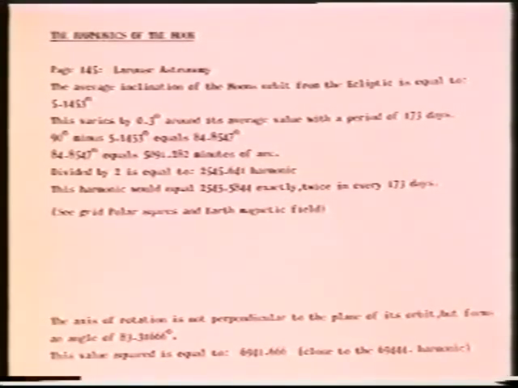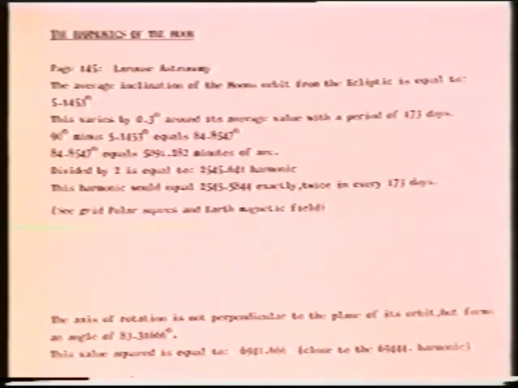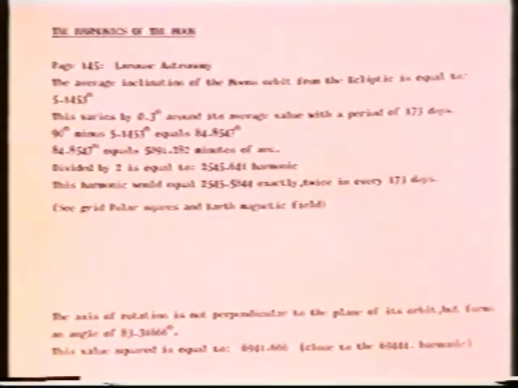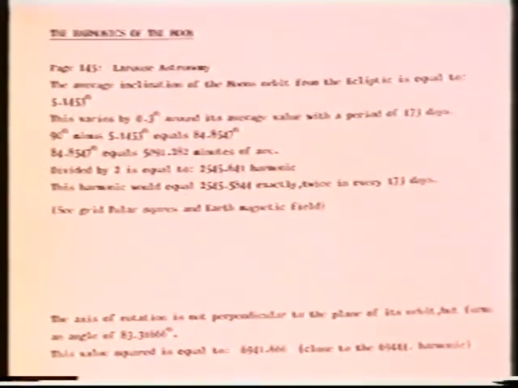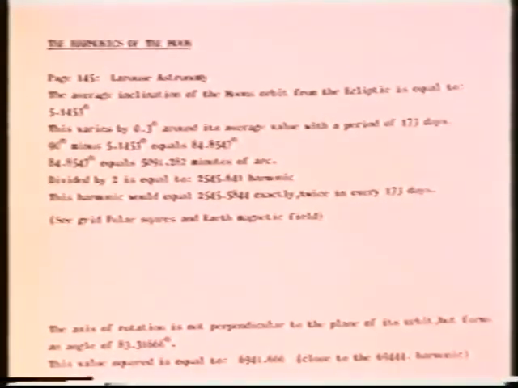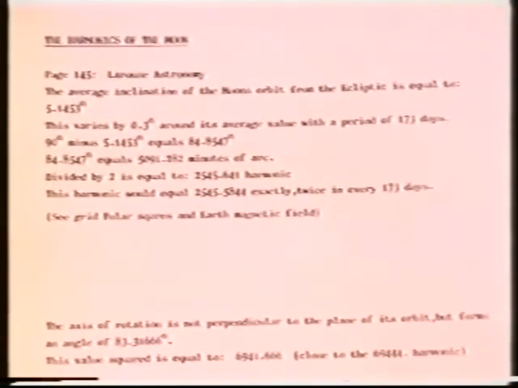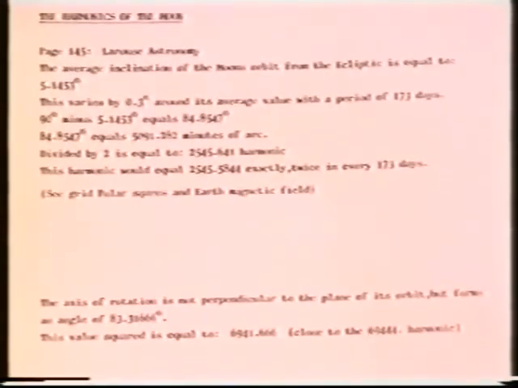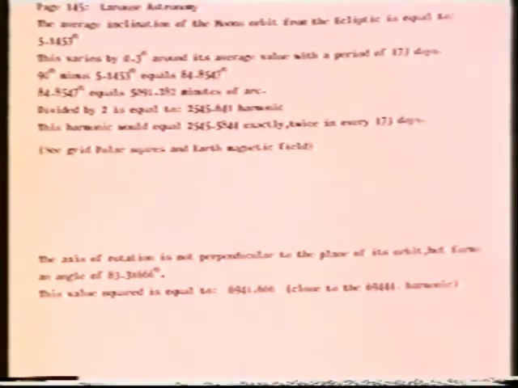Well, in the polar segments of that grid I've showed you, the distance from corner to corner is 5091.116. And you only have to correct that fractionally, and you'll get 2545.5844 again, that harmonic that's directly related to the Earth's magnetic field.